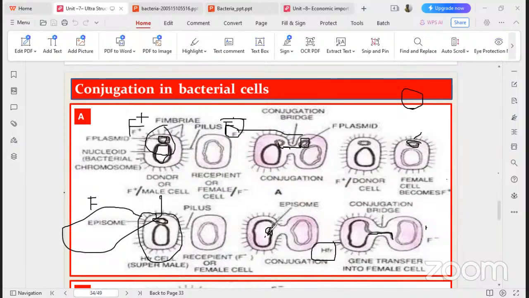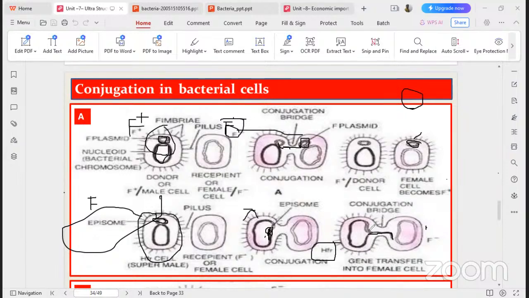What happens is the episome, that means the plasmid genetic material, mixes with the nucleus. This happens especially in lambda bacteriophages, the viruses. The T2 bacteriophages and lambda bacteriophages you have studied, we will study in the next class on the virus subject.